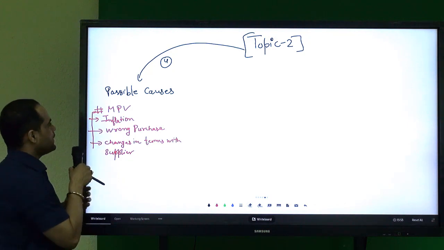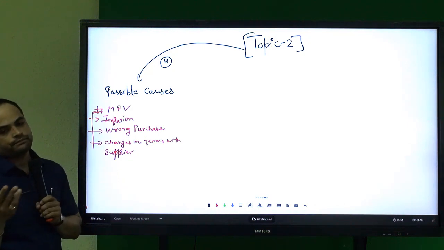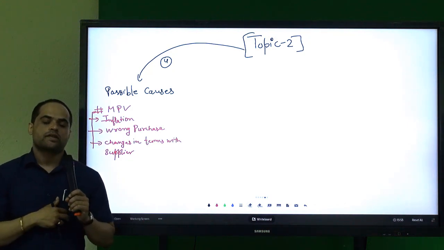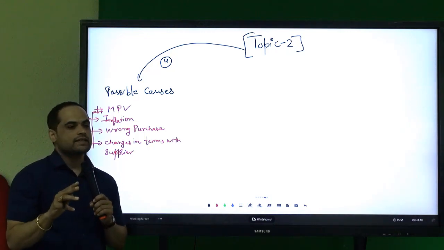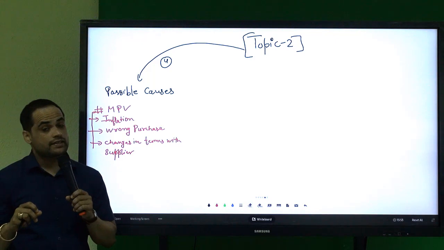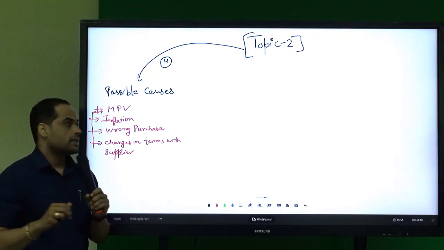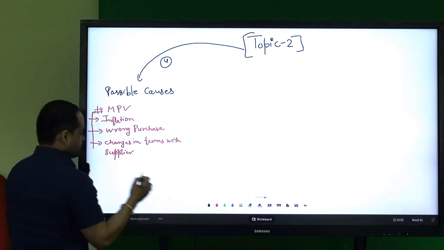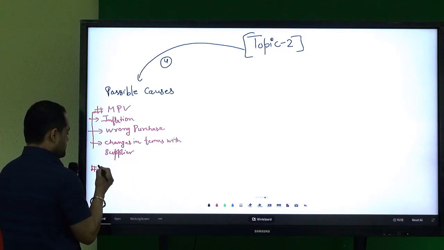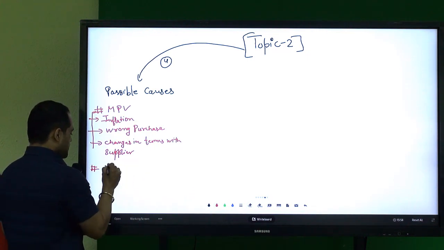So let's start with the material cost variance. Material cost variance has 2 types of variances: material price variance and material usage variance.